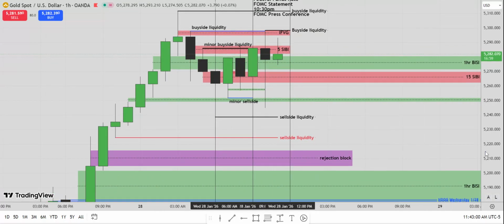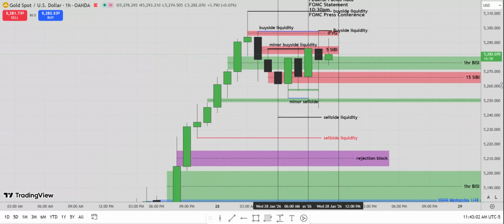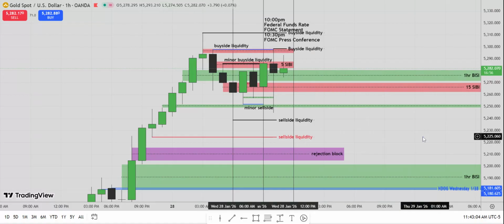What I do at the 1 hour time frame is point out my fair value gaps, those are my FVGs, and I classify them by whether they're bullish or bearish, meaning whether they are sell side or buy side.